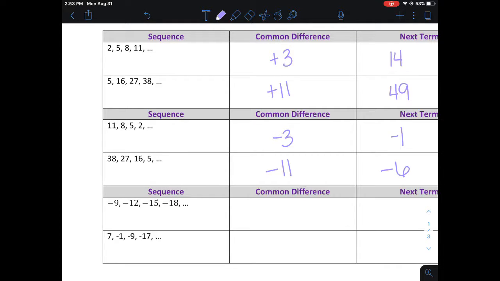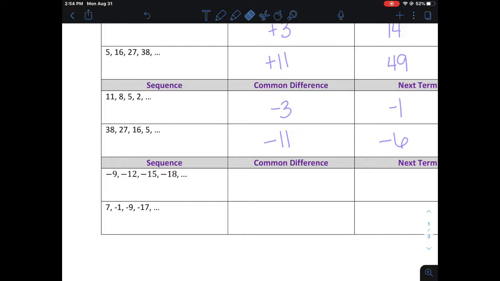All right, and notice that these sequences consisted of the same numbers, just one was going up, one was going down. So we added 3 for this first one, whereas we added negative 3 for this one, where we added 11 and added negative 11. Okay?